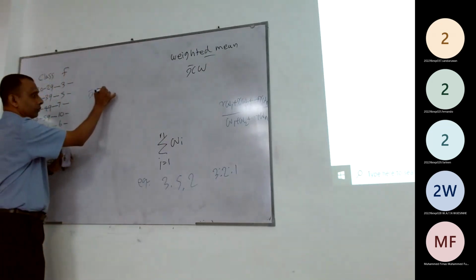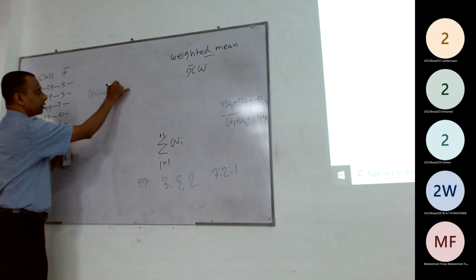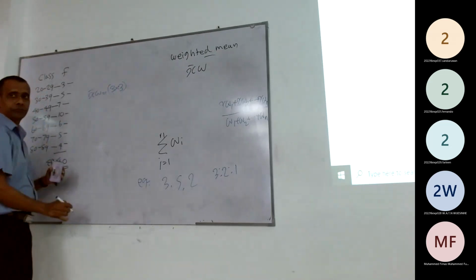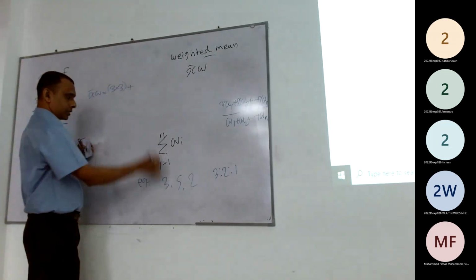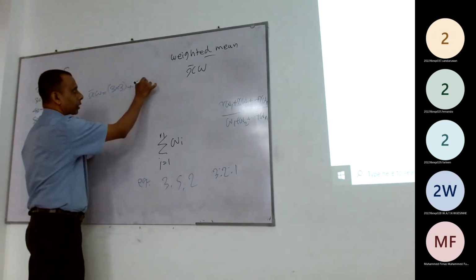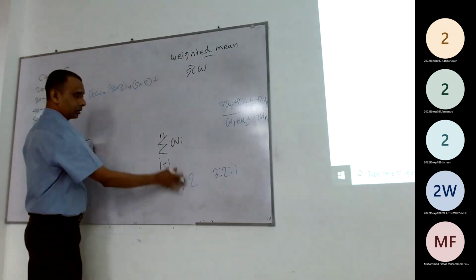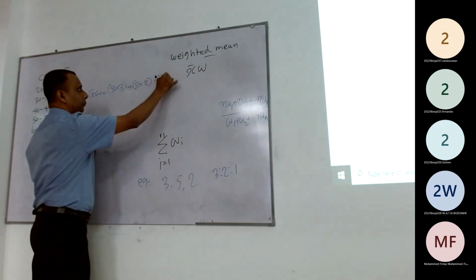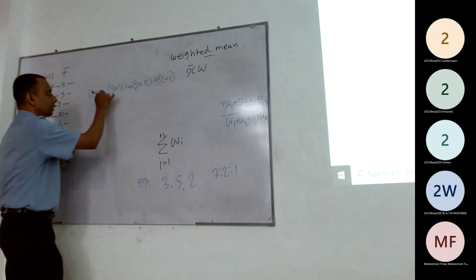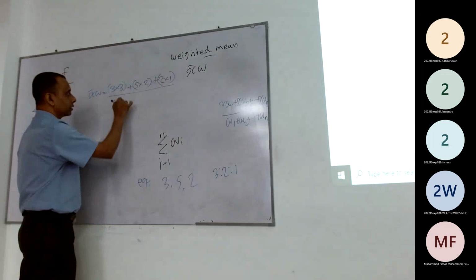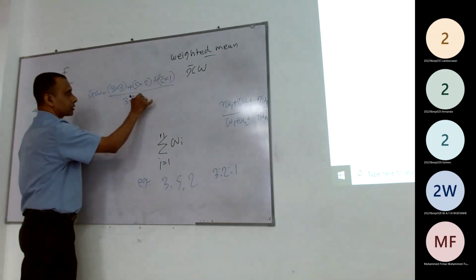X bar w: 3 multiplied by its corresponding weight 3, the second data point 5 multiplied by 2, and 2 multiplied by 1, divided by the weights 3 plus 2 plus 1.